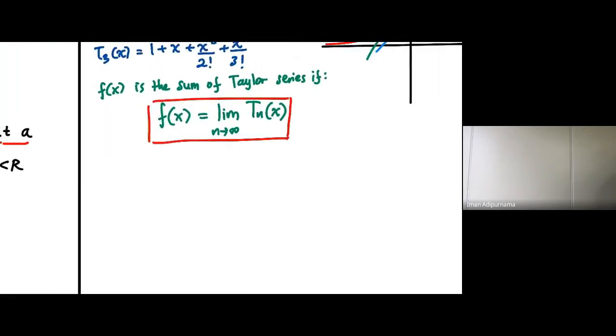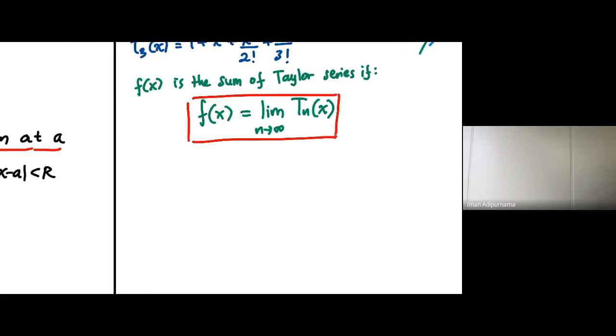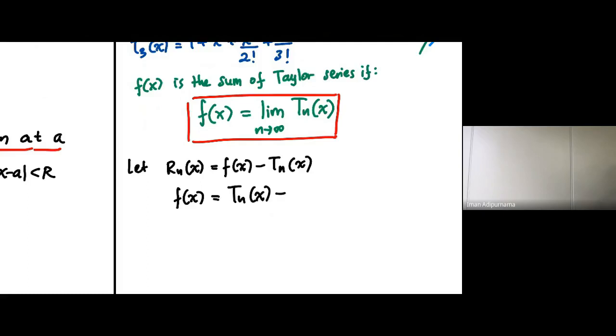And remember that limit is a concept of getting closer. It's not the exact same amount, so it will have some error, right? So if we let some remainder, the error part is the difference of f and the partial sum, so that we can look at it.